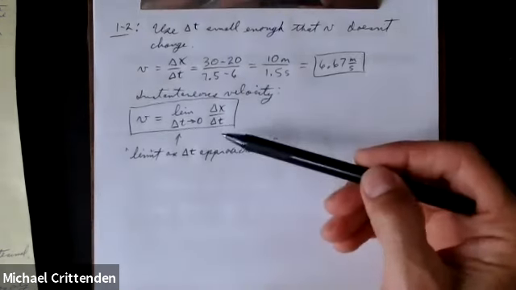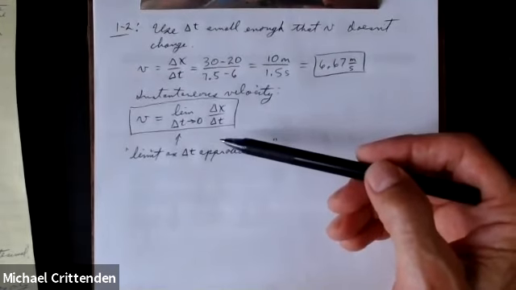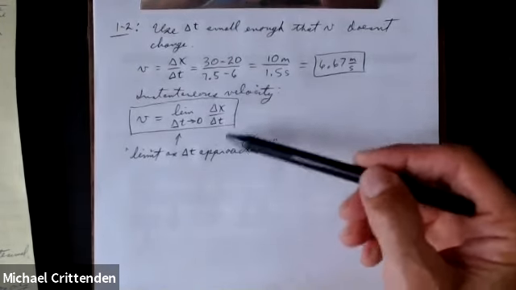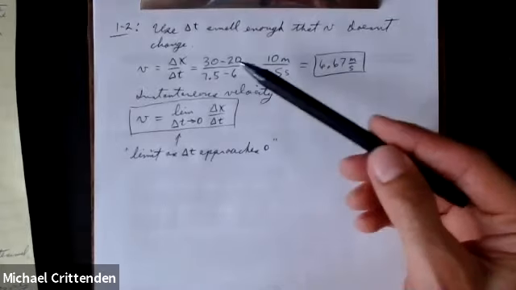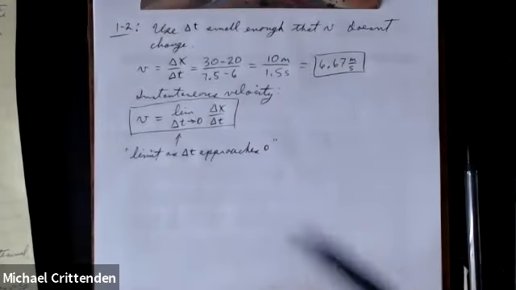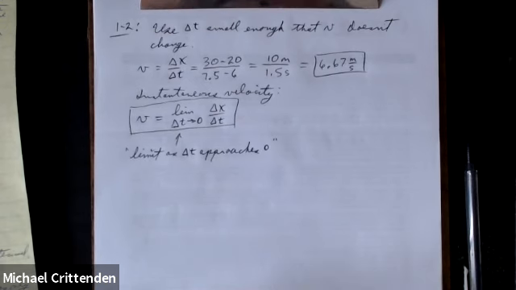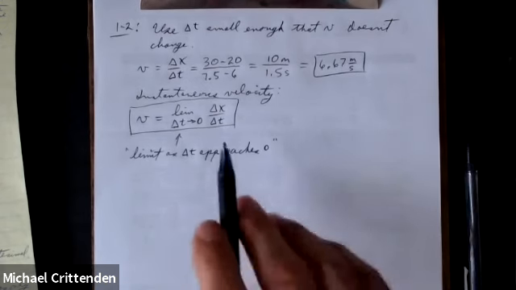And as delta t approaches 0, what value does this ratio approach? And that's how you get away with dividing by 0 without dividing by 0. That's what's going on here, really.